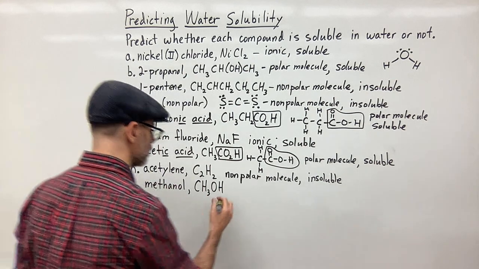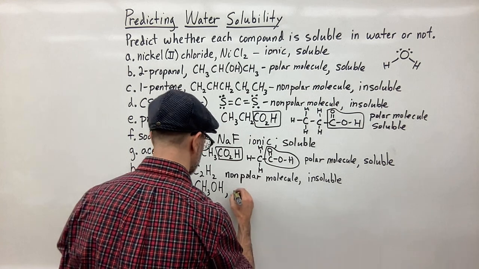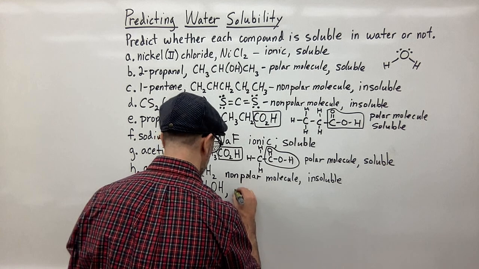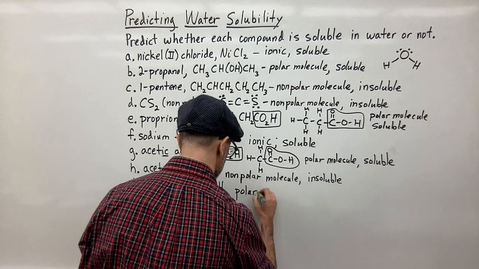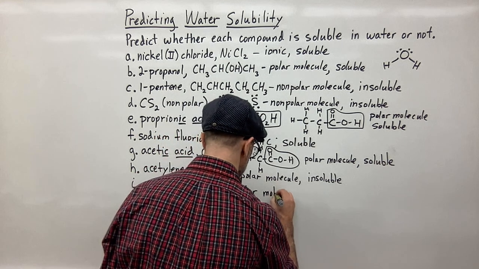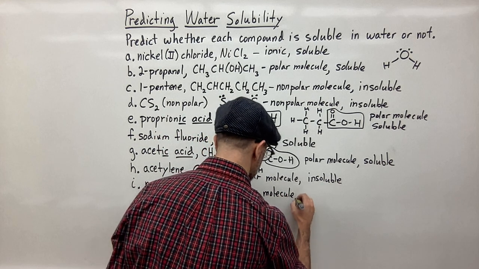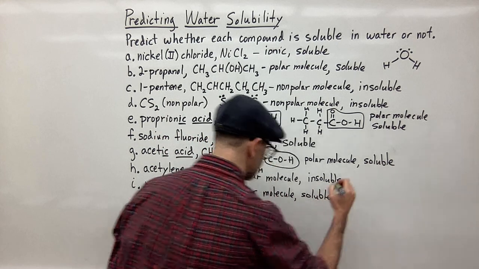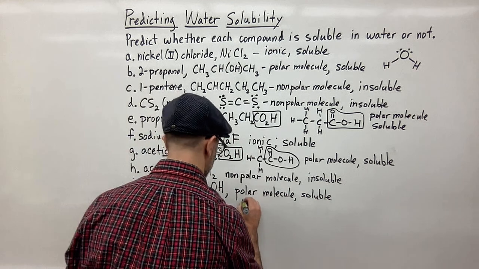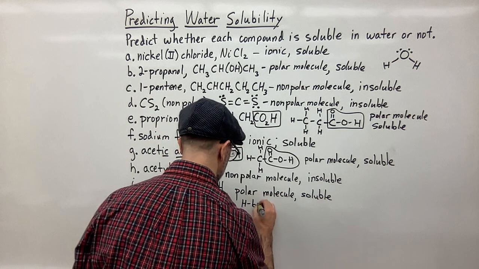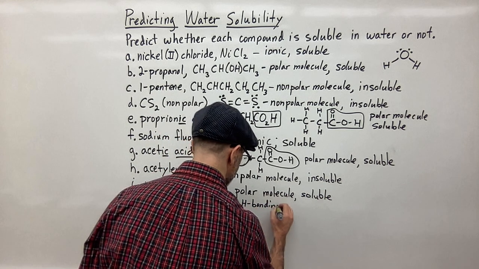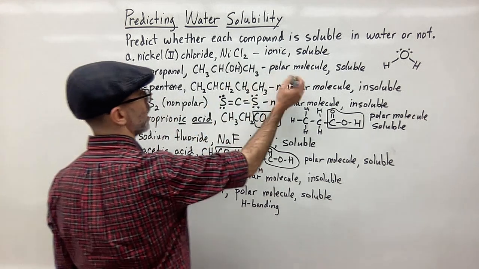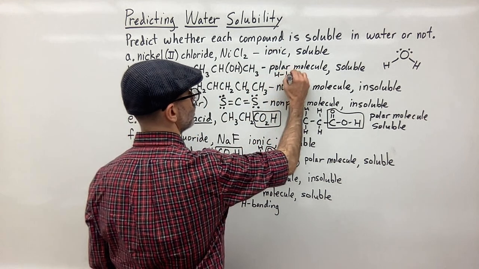So we would expect this to also be soluble. So we have a polar molecule, and so we would expect it to be soluble in water. And let me put H bonding here too, because that's also important. So we have H bonding here, H bonding.